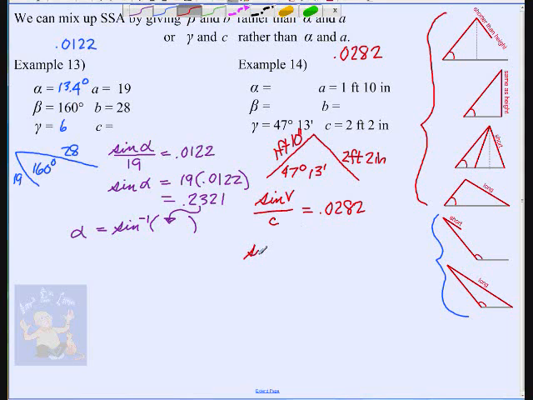The sine of alpha over A, which is 1 foot and 10 inches, or 22 inches, equals the same ratio.